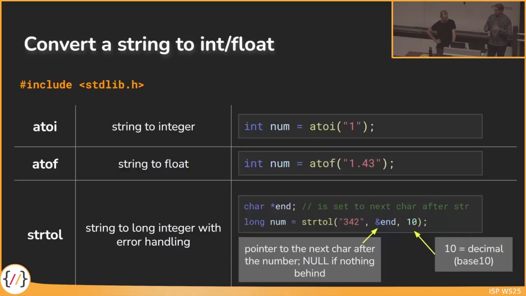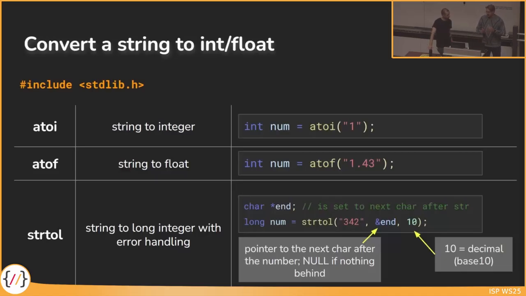A great benefit of this function is that it has a bit more advanced error handling, because you won't get 0 as the return value if there are any problems when trying to convert a string to a long value, but you will get some very high number that you will most likely not reach or don't want to use in your program.